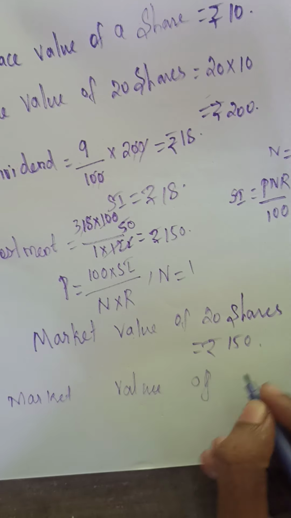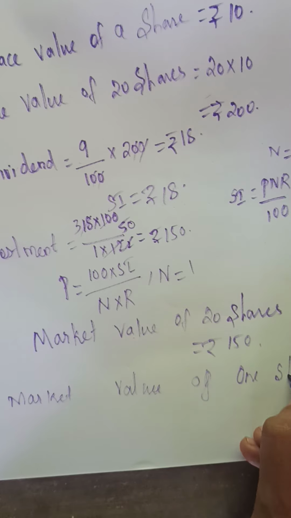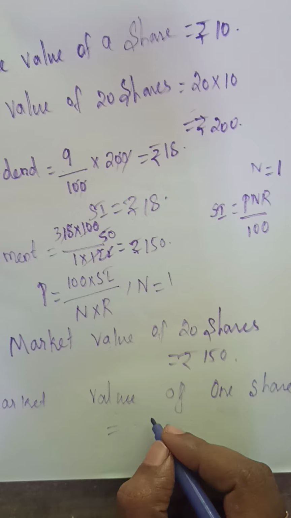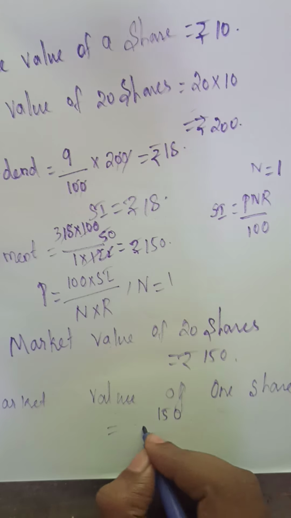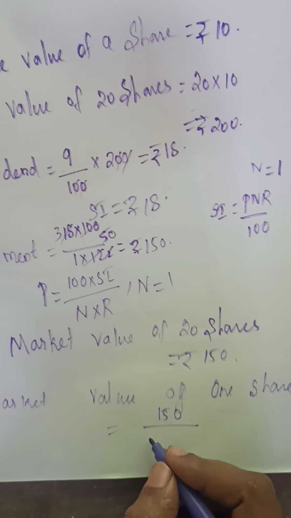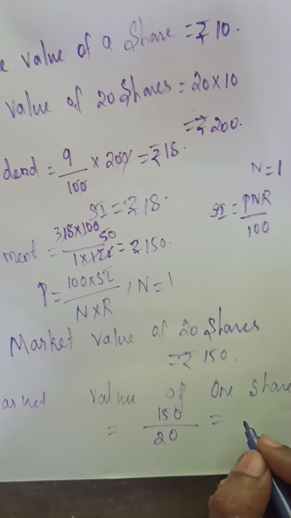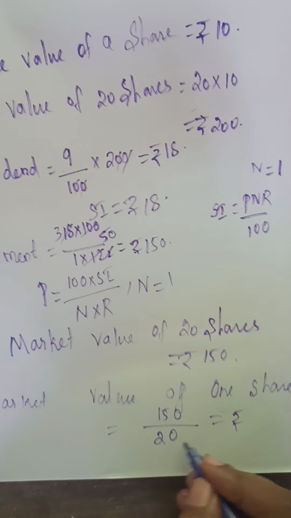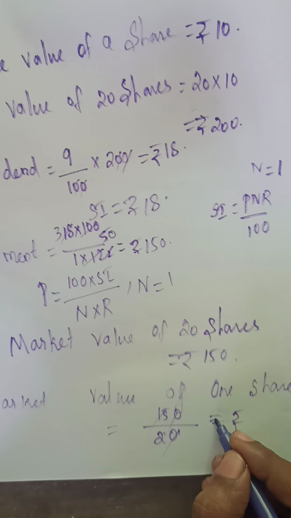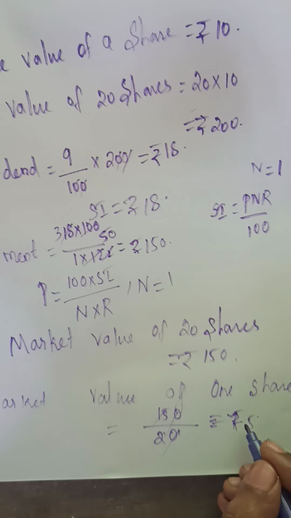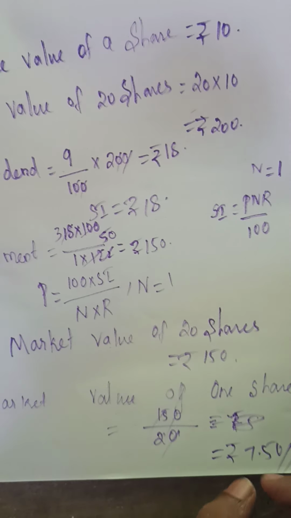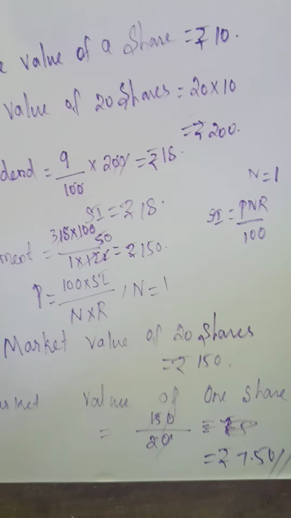For 20 shares, 150, so 150 divided by 20. If we simplify and cancel, we get rupees 7.50. Understand, students?